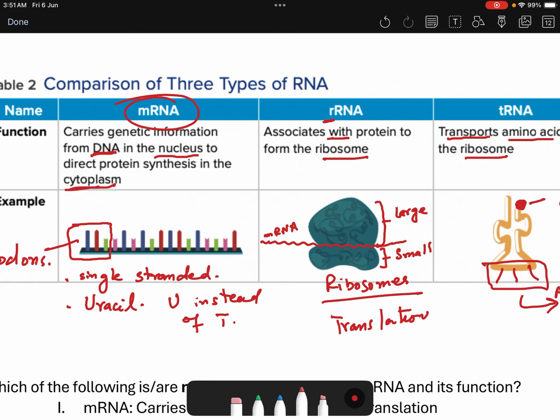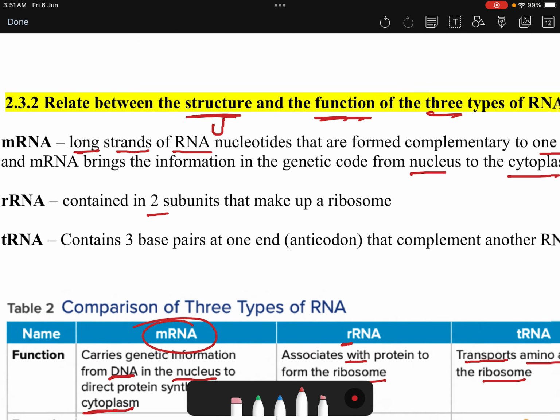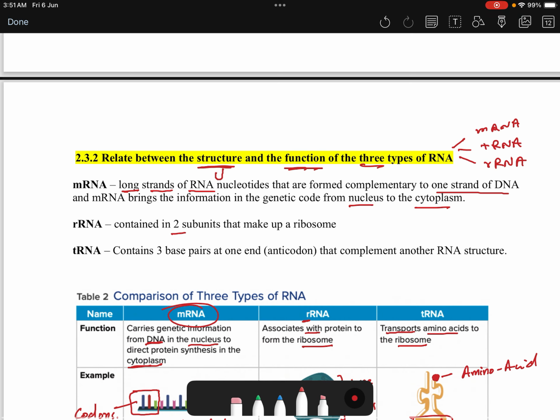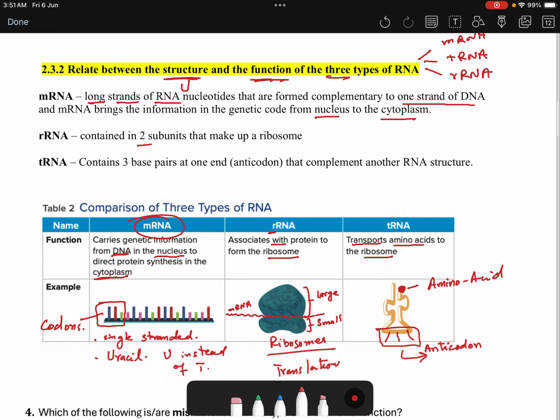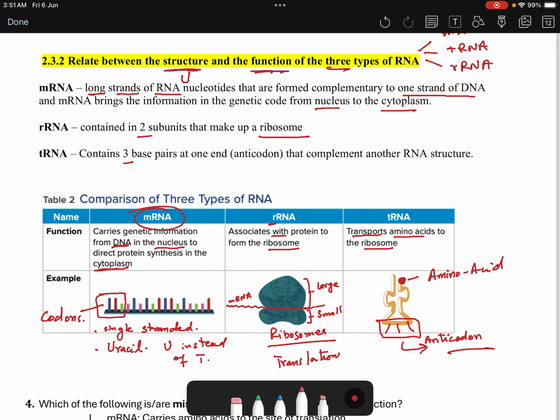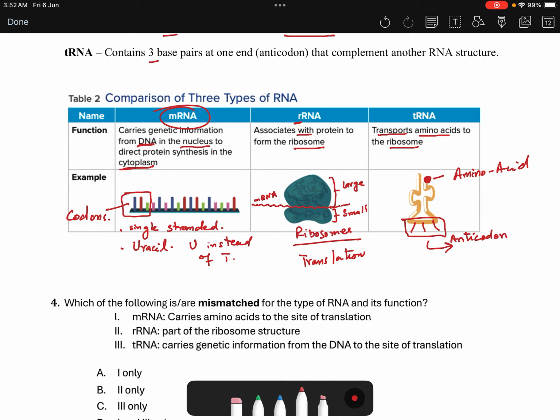Moving onward, the rRNA makes up ribosomes. tRNA contains three bases at one end, as we discussed already. This is called the anticodon, which is complementary to the codons on the mRNA, while on the other end they have the amino acid. So they have two roles. Number one, they have the anticodons, and they carry specific amino acids.